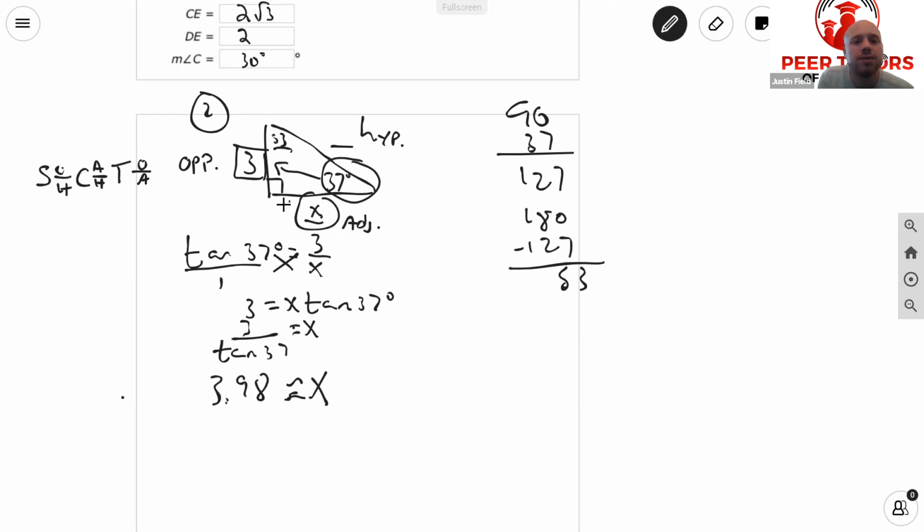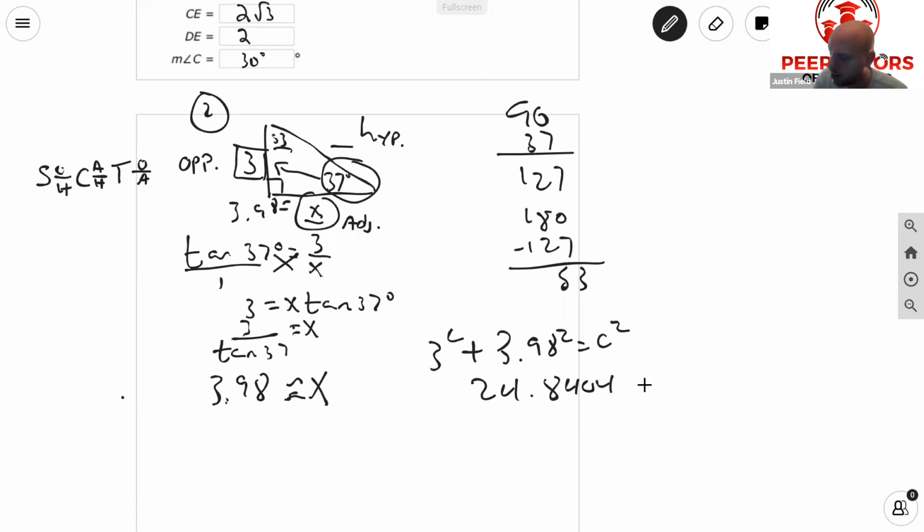And once we have two sides, then we can just use the Pythagorean theorem to get the third side. So 3 squared plus 3.98 squared equals c squared. And then so 9 plus 3.98 squared is 24.8404. 24.8404 equals c squared.